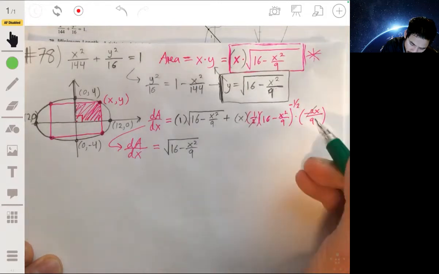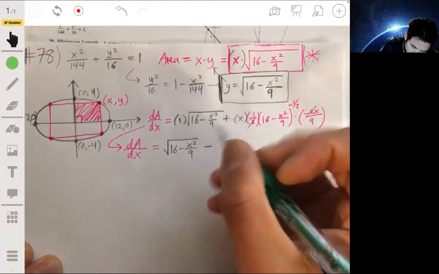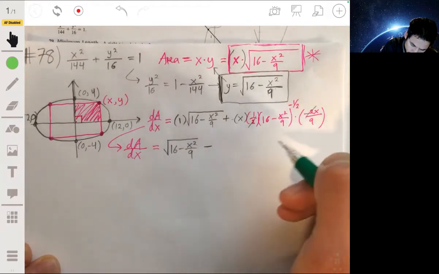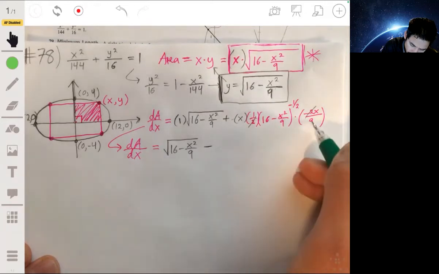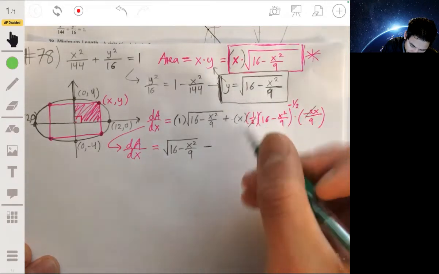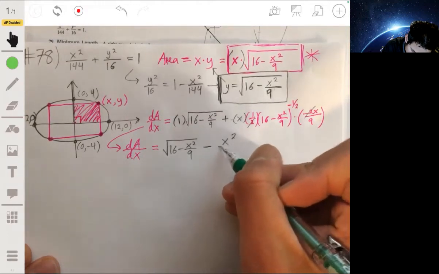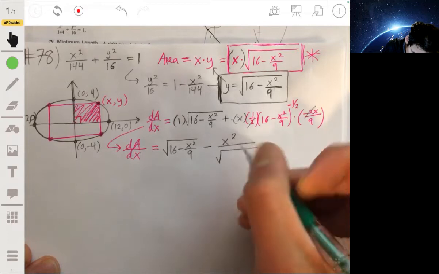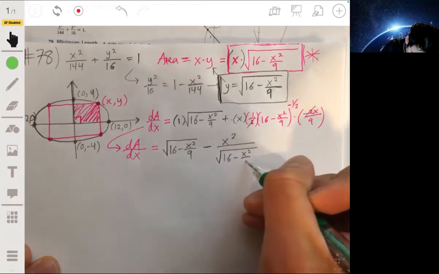These 2's will cancel. Plus, plus, minus, we're going to have a minus. This will be the square root function in the denominator. We're going to have this in the bottom. So we'll have on top x squared over the square root of 16 minus x squared over 9.